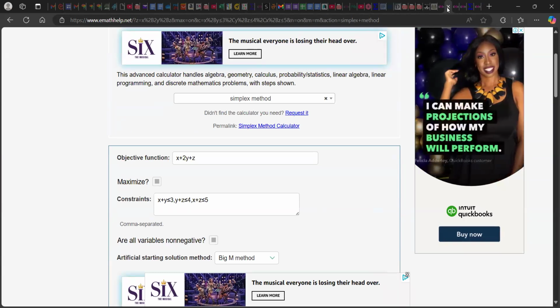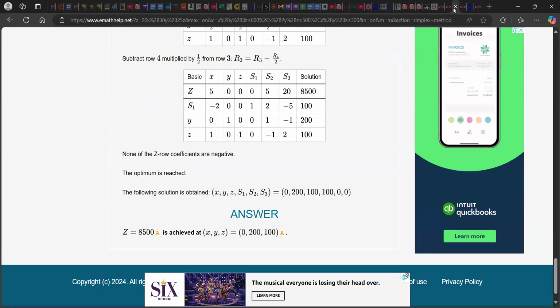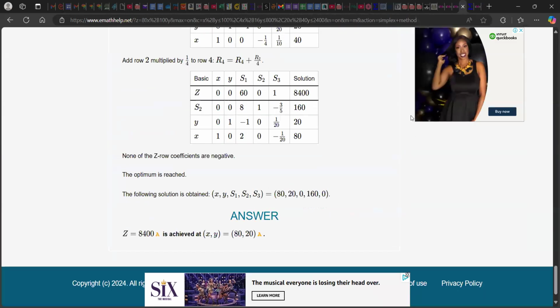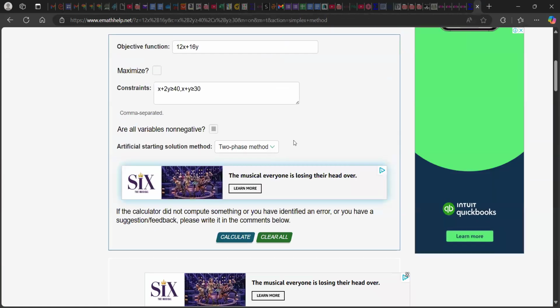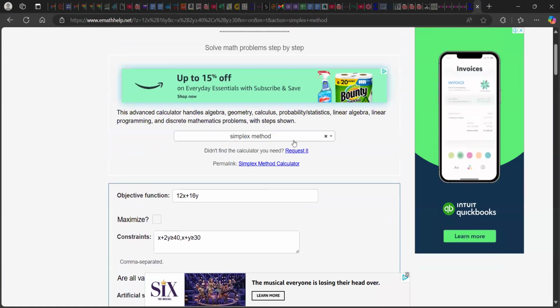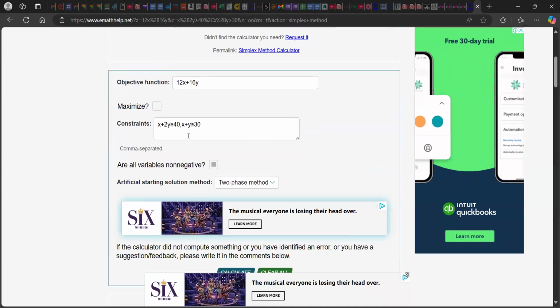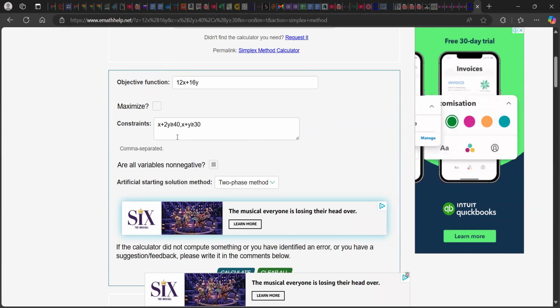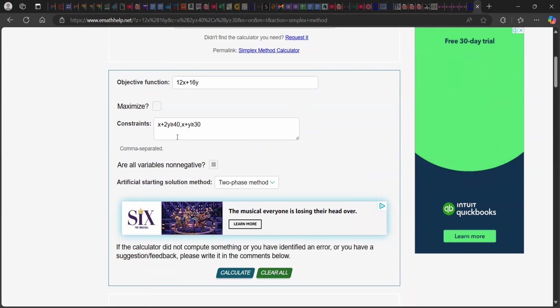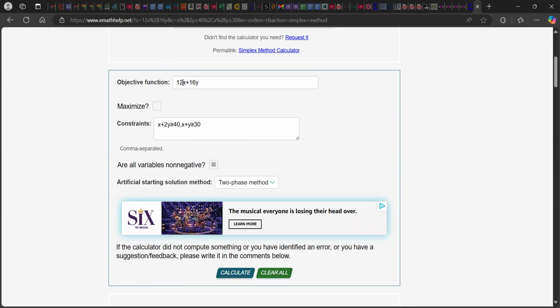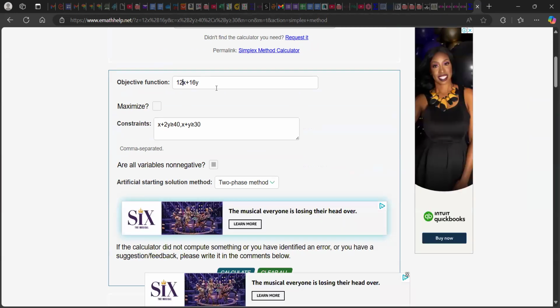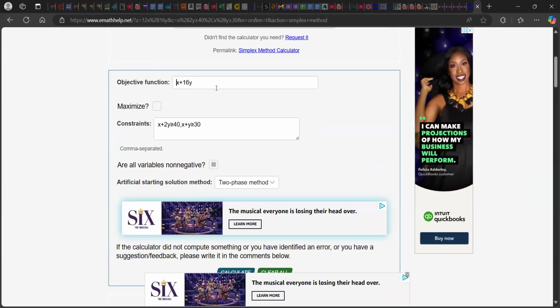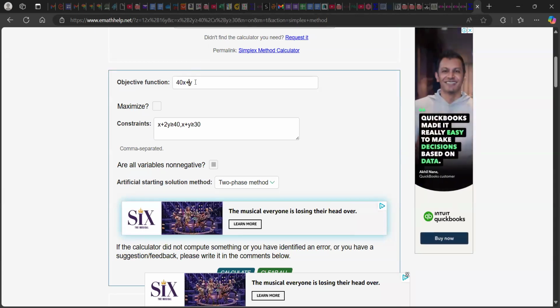Where is this thing? All right, let me go right here. So my objective function is 40, now here is 30.